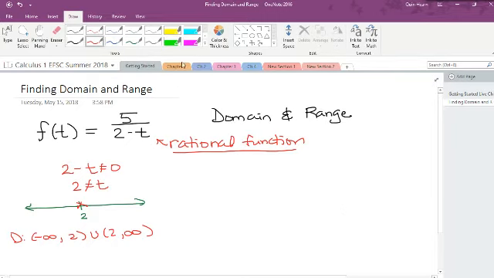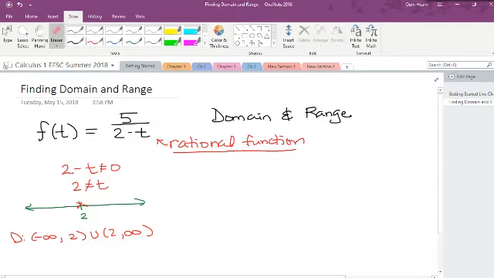All right, now to find the range, we are going to do one of a couple of things. One, you could think of this, if you're familiar with the reciprocal function, f of x equals 1 over x, you could think of this as transformations of that function. That's one way, and you could think about what the range would be.